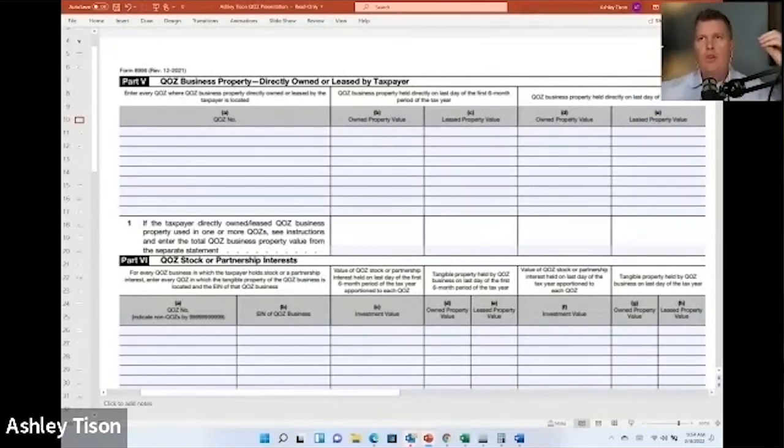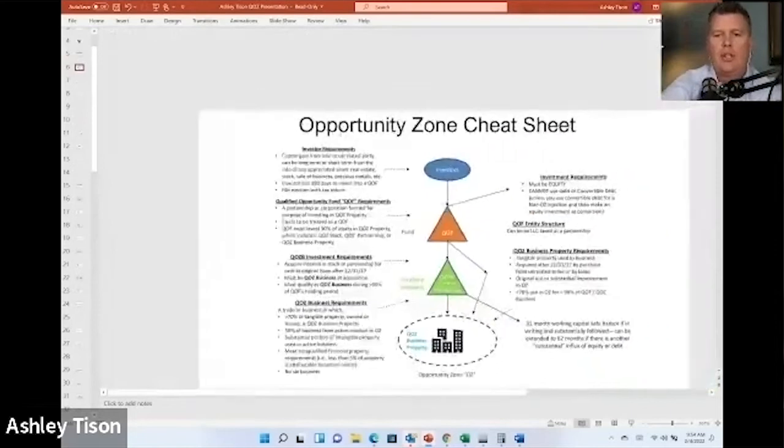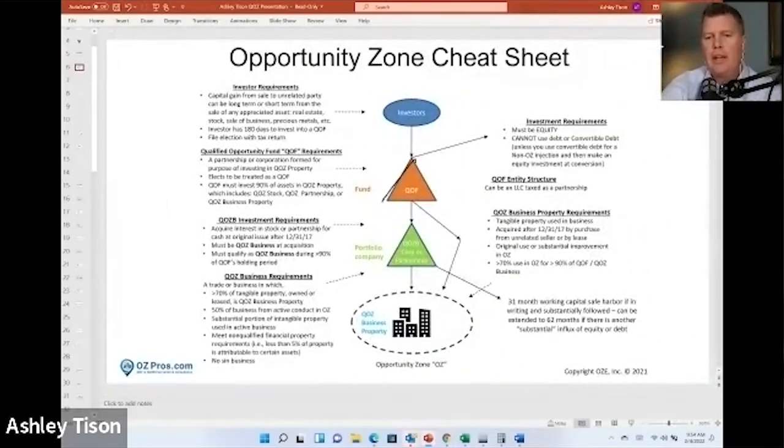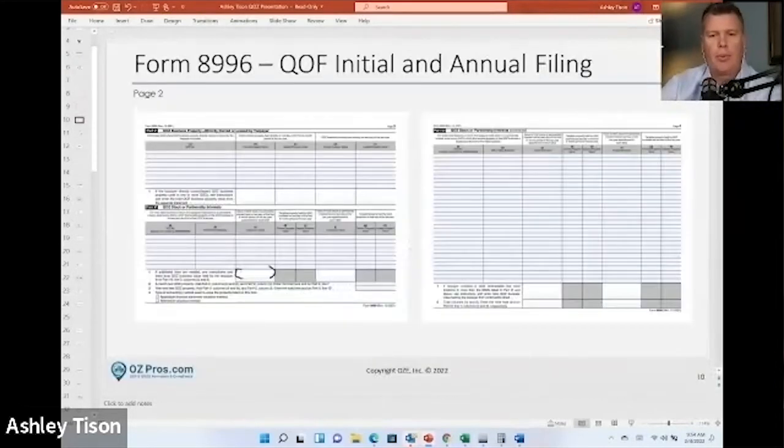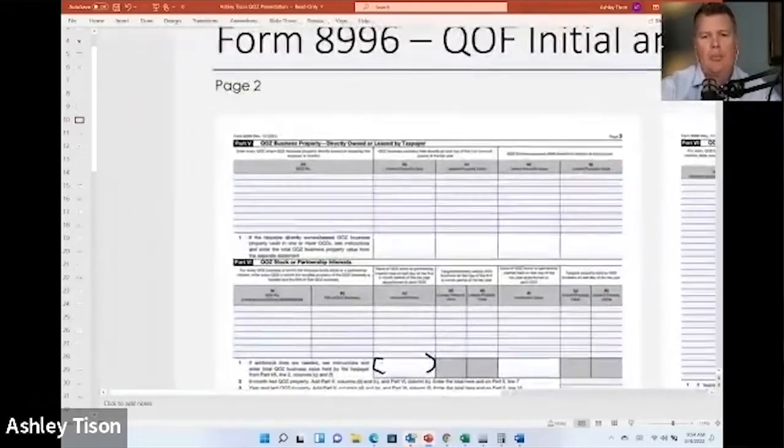So if you own directly from the QOF, right, going back up to our opportunity zone cheat sheet, if you've made an investment into the fund and then you own property directly in the fund, that's either opportunity zone business property, or you've made an investment outside of an opportunity zone into something that is not an opportunity zone deal, then you're going to be completing that information in part 5.